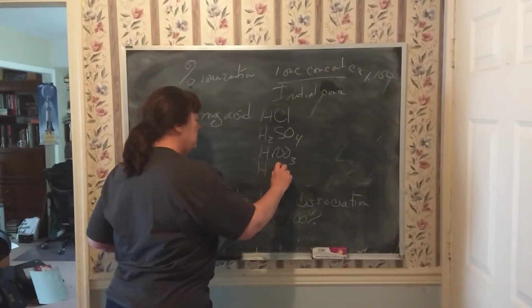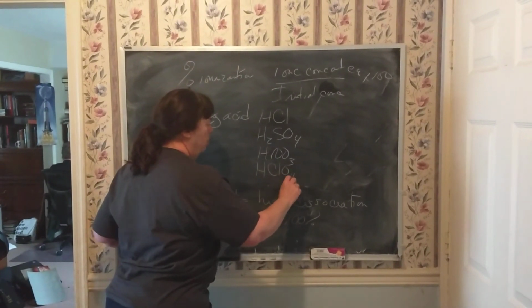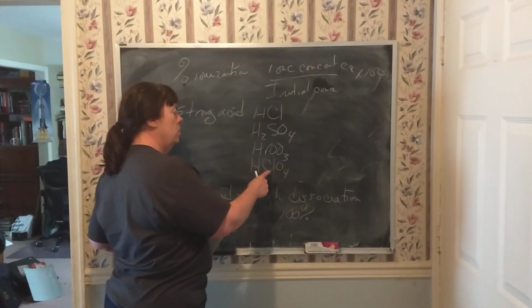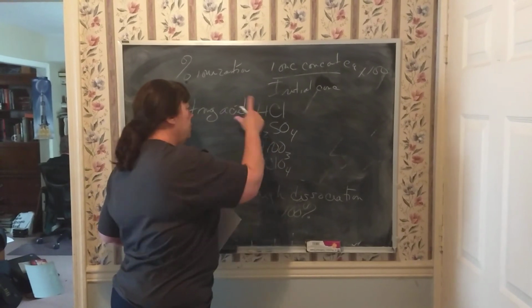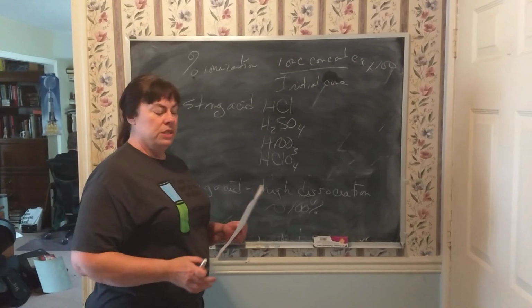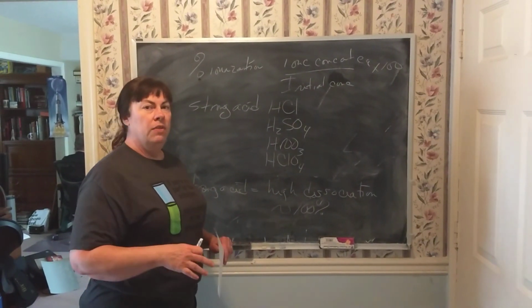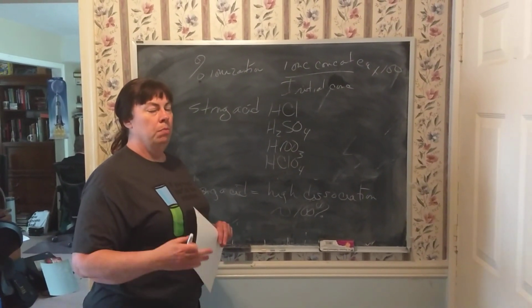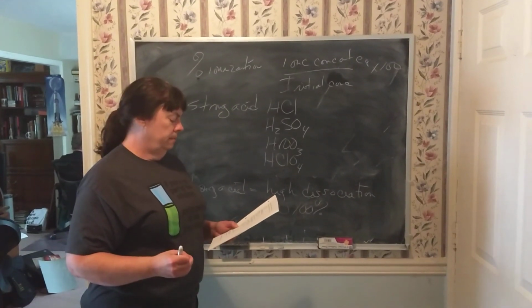This one was seen in 111, but we're going to revisit a little bit here, and this is known as perchloric. These are acids which fit this criteria of 100% ionization, meaning that they fall apart almost completely.